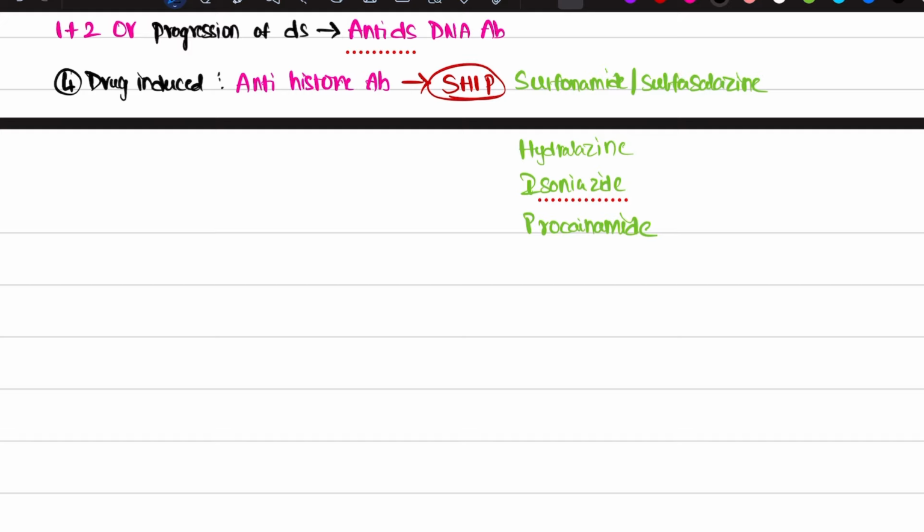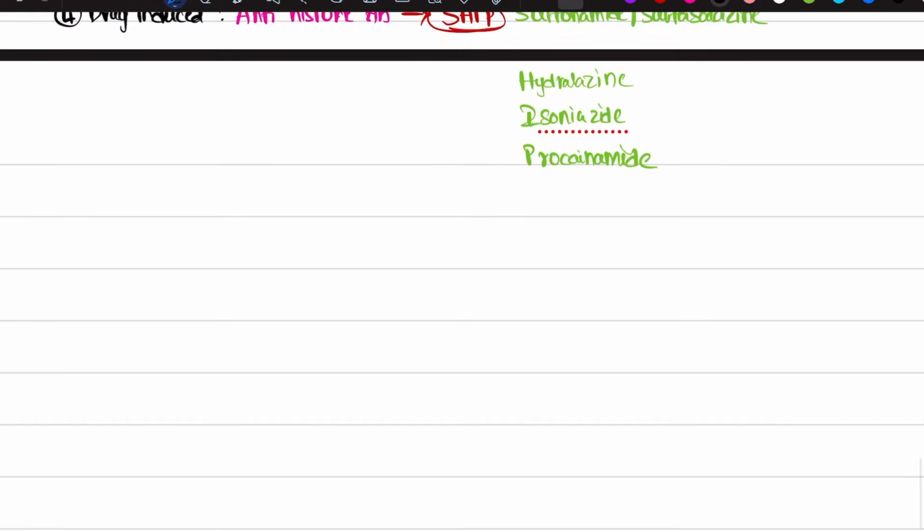So we completed drug-induced SLE, and next we are coming to neonatal lupus. If lupus occurs in neonates, that's called neonatal lupus. There are some antibodies causing neonatal lupus as well, so we are going to remember those names.